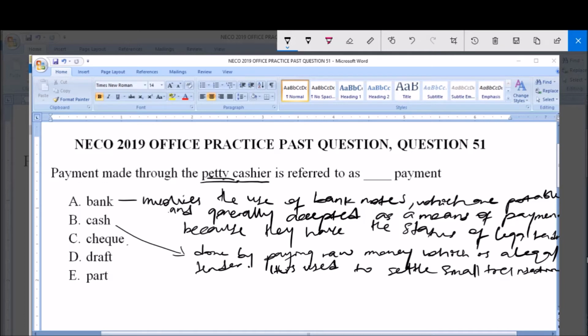Now option C here says what? Check. Now check is an unconditional order drawn upon a specified bank. That is, each bank has its own what? Check.